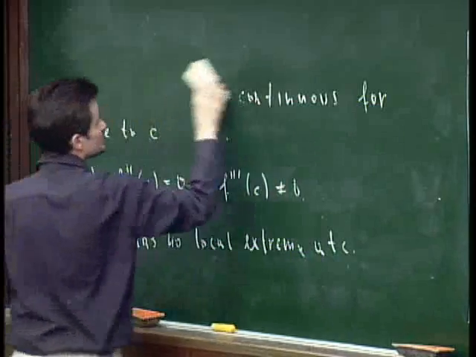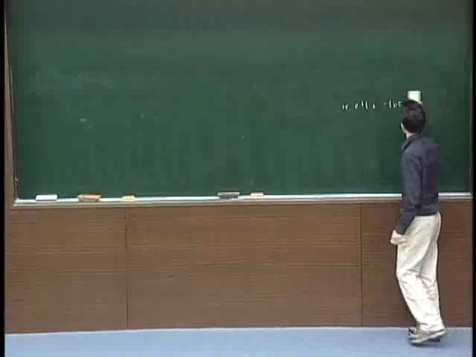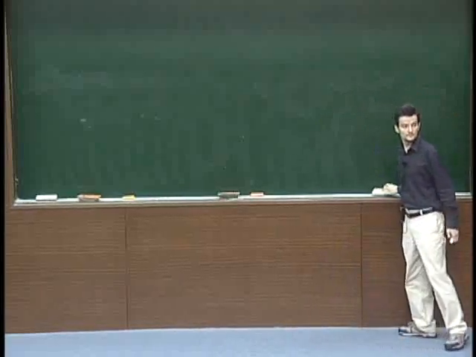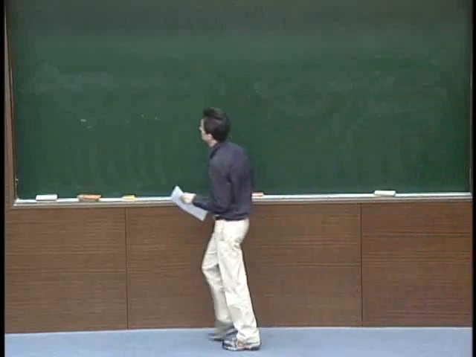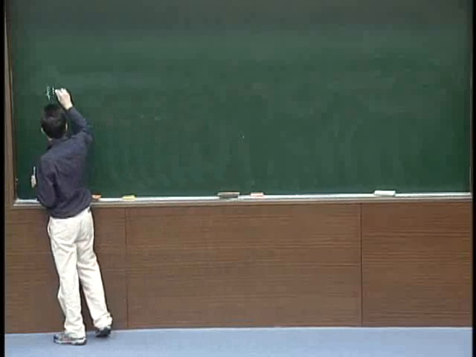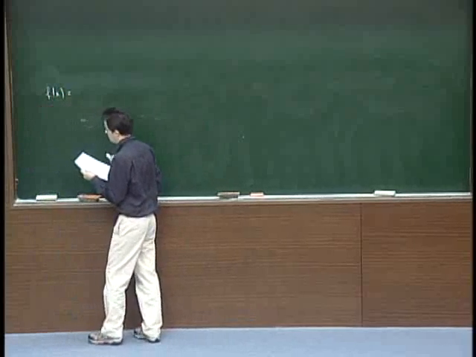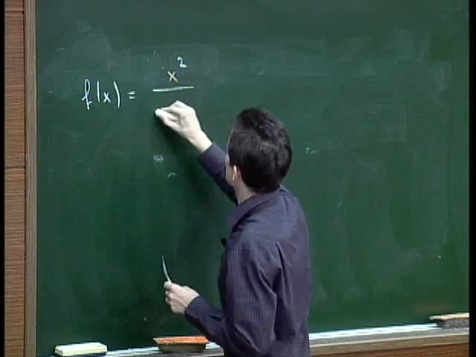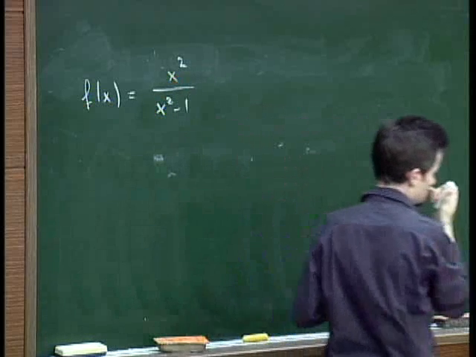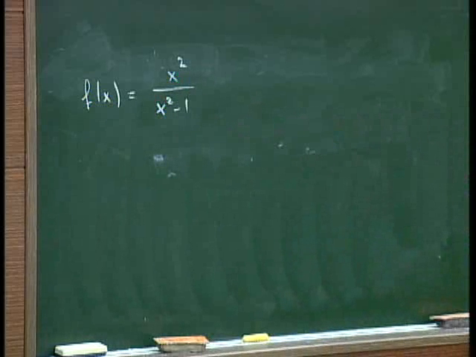Let's maybe look at one example, because now we can already do quite a lot, since we know quite a lot of results on how to conclude from derivatives about the original function.